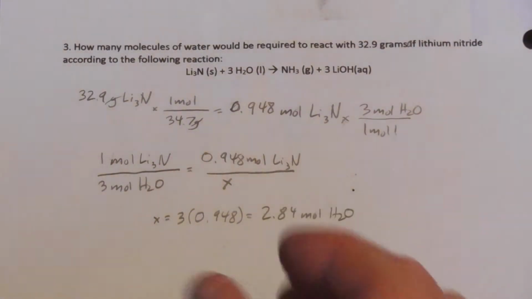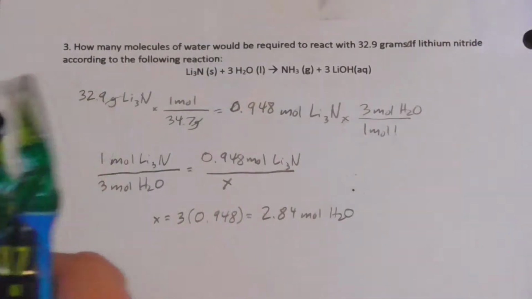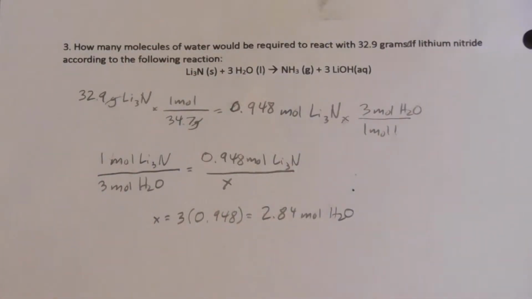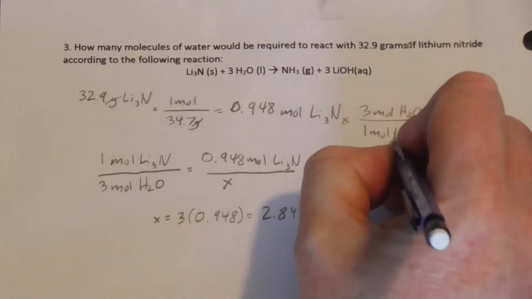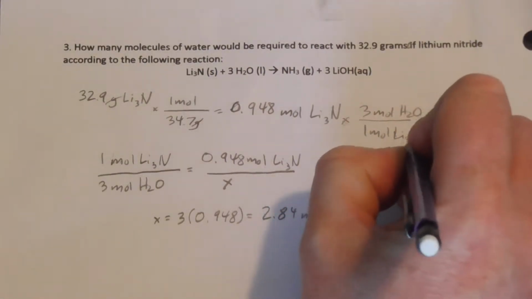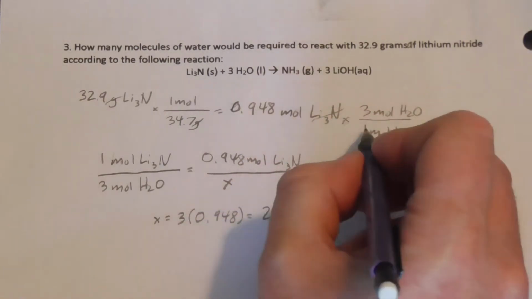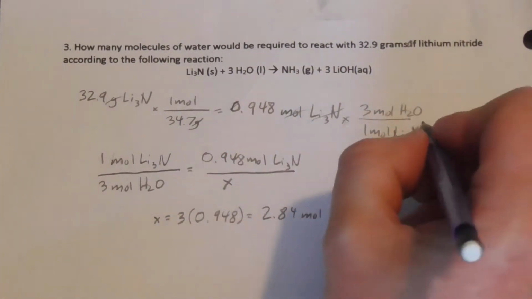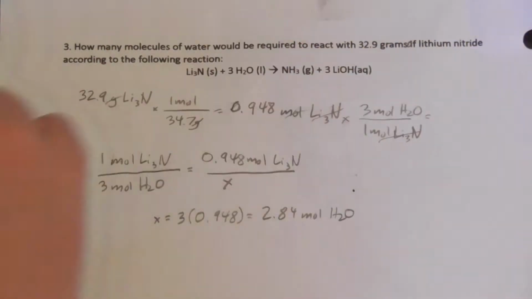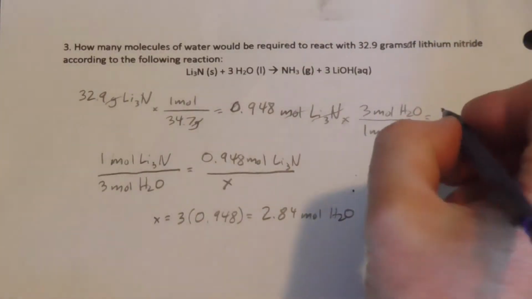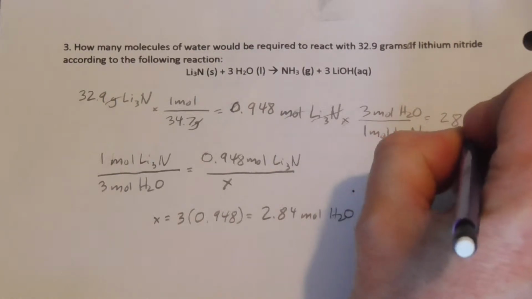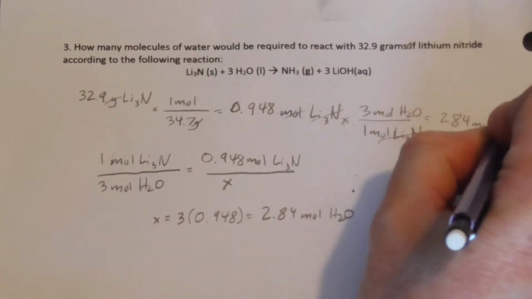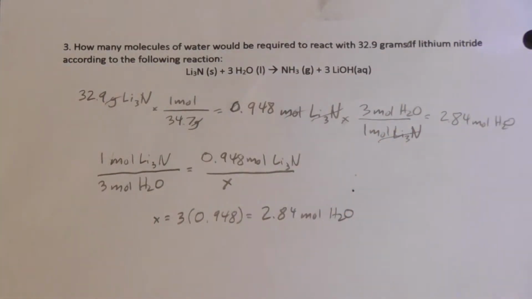This one's dead. All right. 1 mole of lithium nitride. So now my moles of lithium nitride cancel out. I'm left with moles of water. And surprise, surprise, I get the same number. 2.84 moles of water. That's how many moles of water are required.